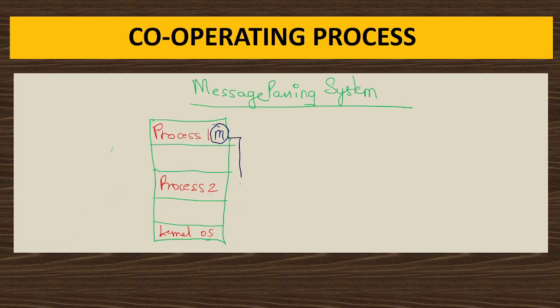So OS will pass this message to process 2 and process 2 will be able to get the message of process 1. So this is called message passing system. They communicate with each other using this message passing system, using the operating system. So they share the data using messages.